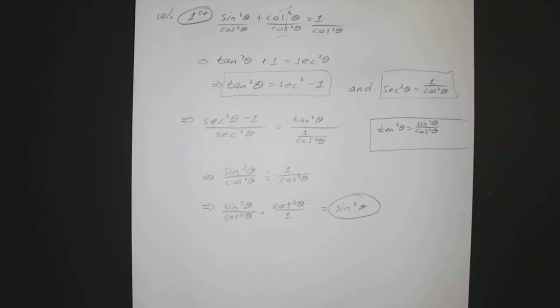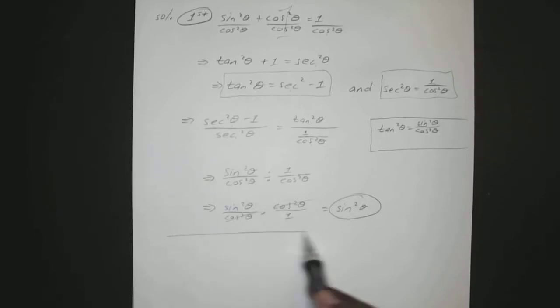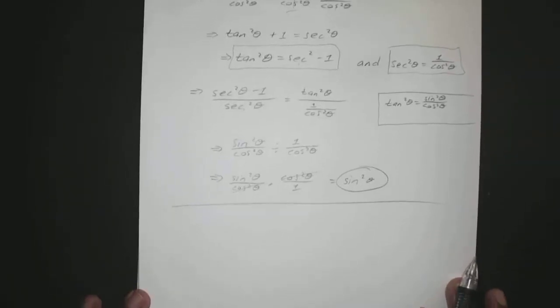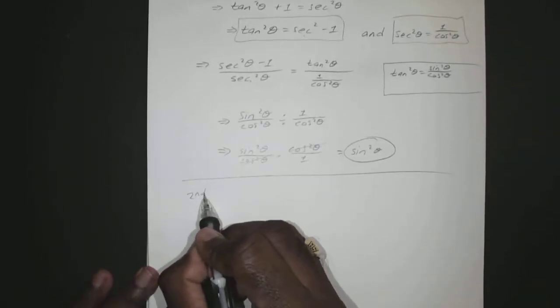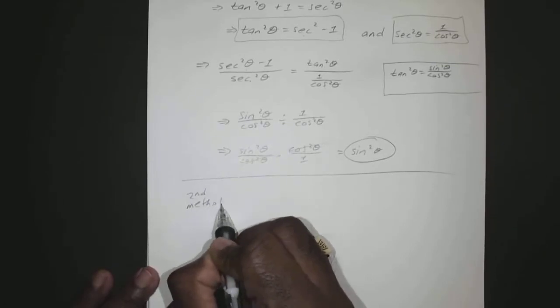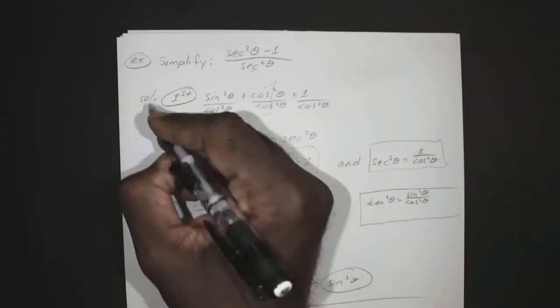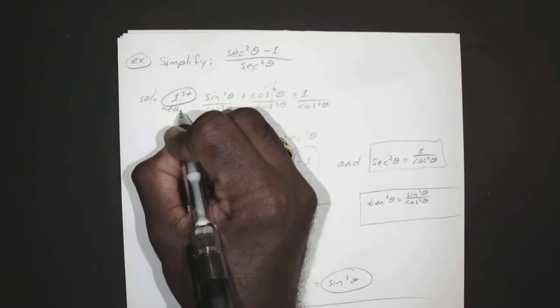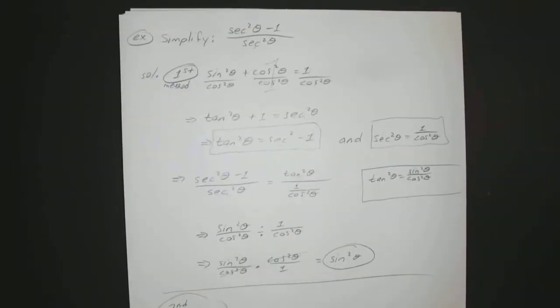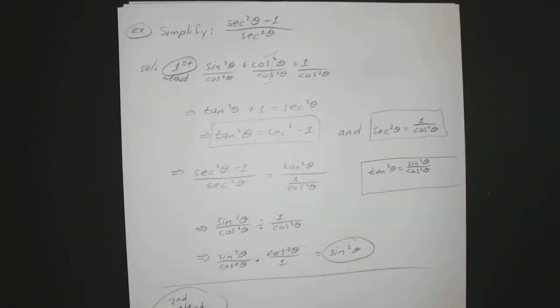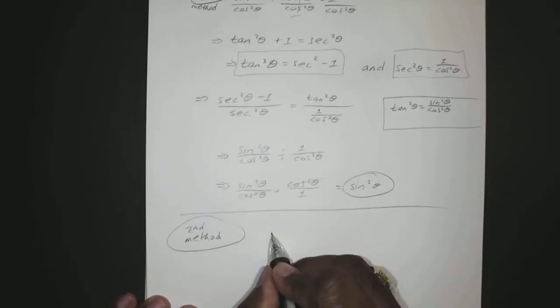The second method is a little bit faster, but you have to actually notice it. Let me put the first method up here. We have secant squared minus 1 over secant squared.